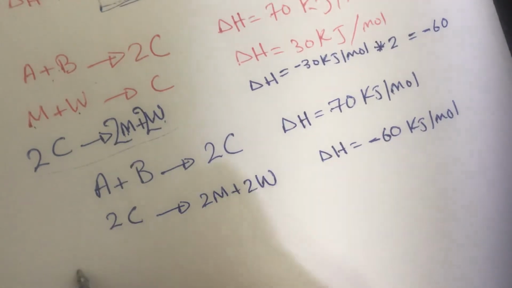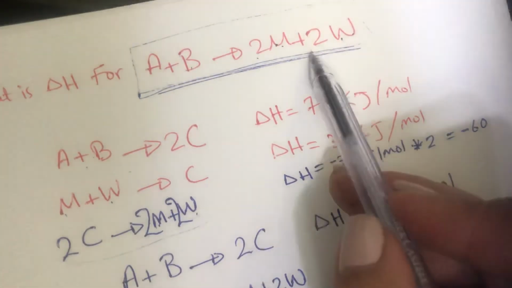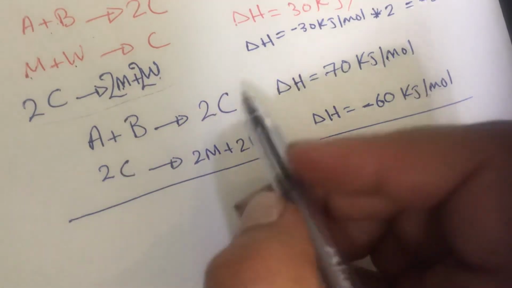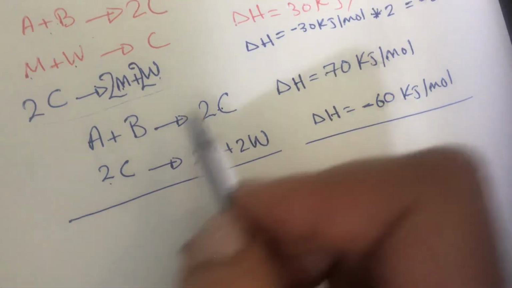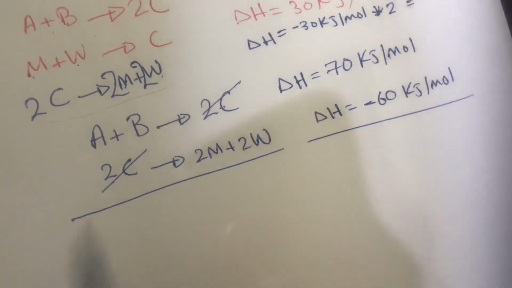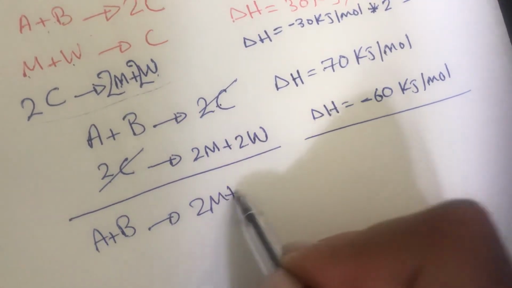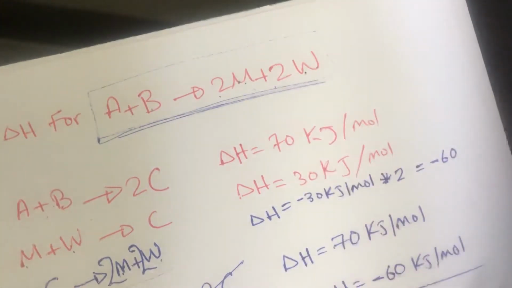Now if you add these reactions to each other, you can get the original reaction. So here 2C are in the product and here 2C are in the reactant. You can delete it. So A plus B produce 2M plus 2W, which is like this reaction.